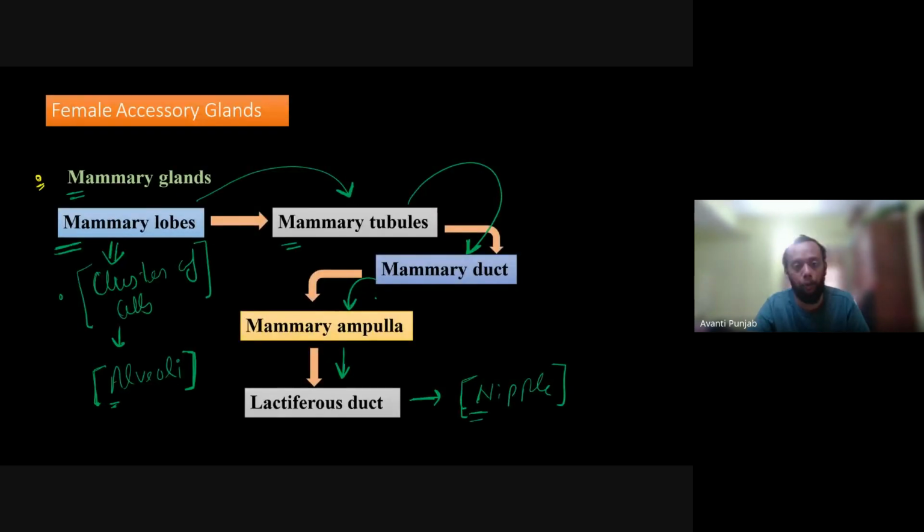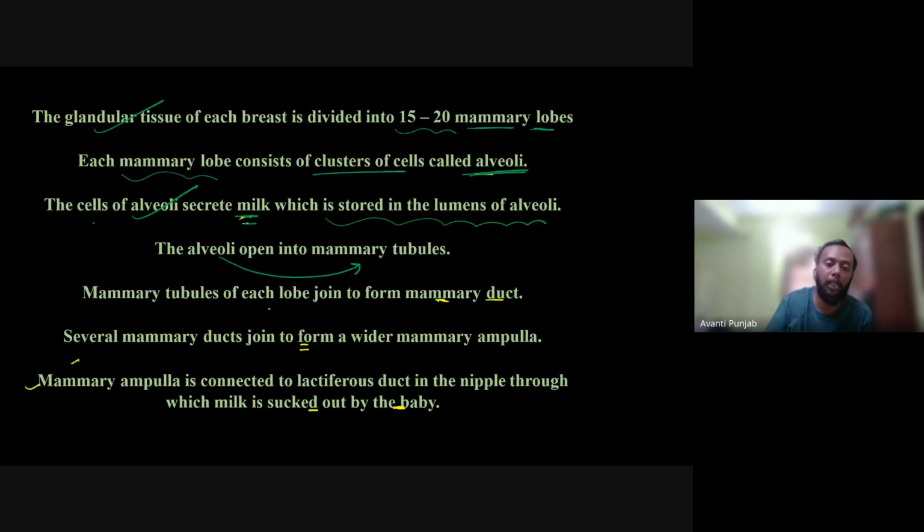From mammary tubules, each lobe will join to form my mammary duct. From that, it will get inside the mammary duct, and several mammary ducts will join to form the mammary ampulla. तो कई सारे mammary duct यहाँ पे आएंगे, will form the mammary ampulla, and the mammary ampulla is connected to the lactiferous duct in the nipple through which the milk is sucked out by the baby.